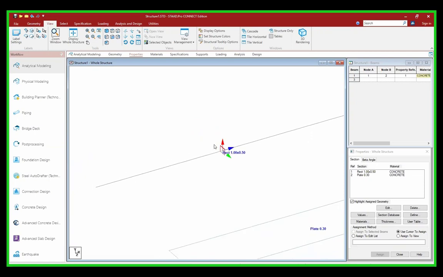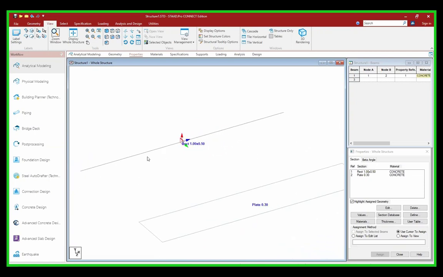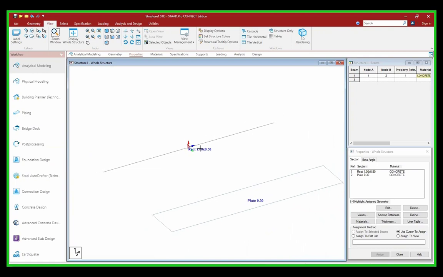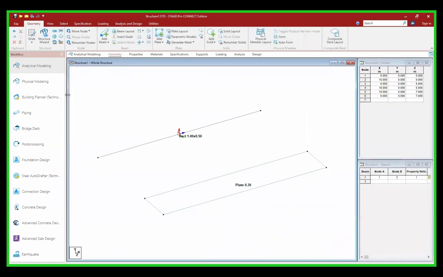Now I have created the beam from the left node to the right node. That's why this is the local X axis, with positive local X in this direction. What if I create it in the reverse direction? To understand this, let's create two nodes.